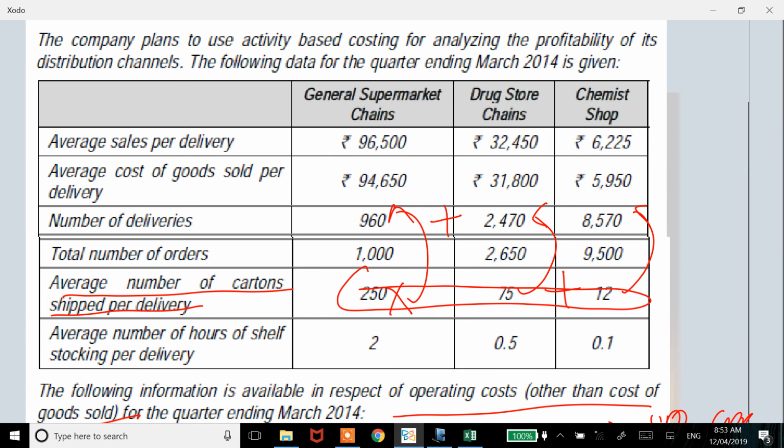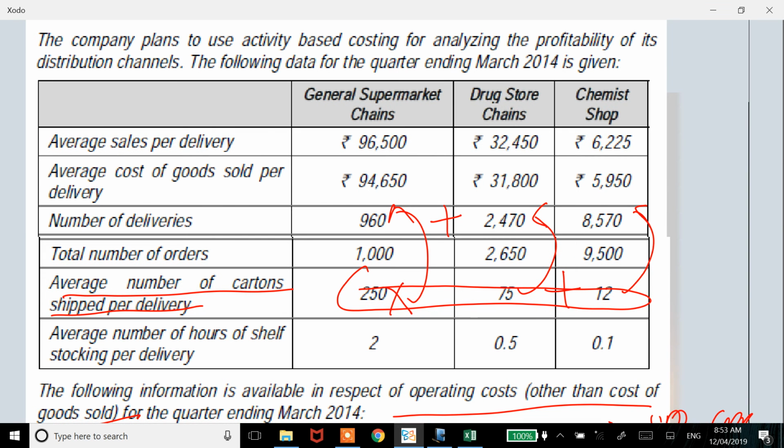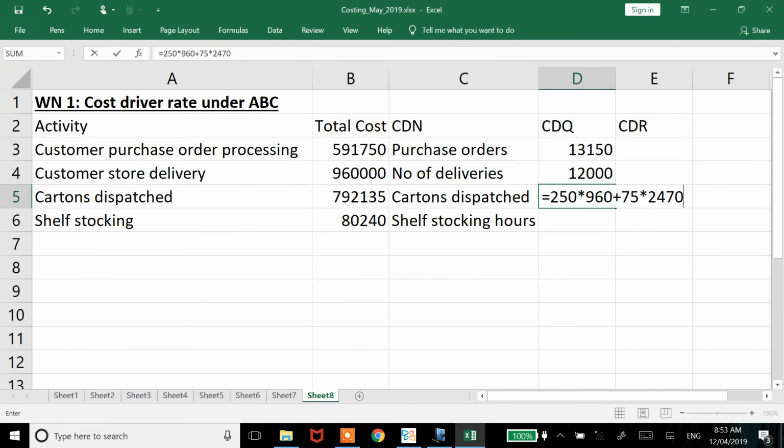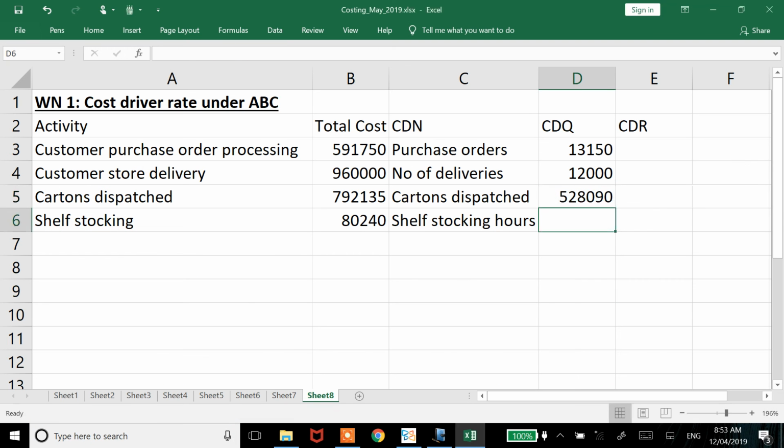So it is 250 into 960 plus 75 into 2470 plus 12 into 8570, because the words used are number of cartons shipped per delivery. Any doubts on this?